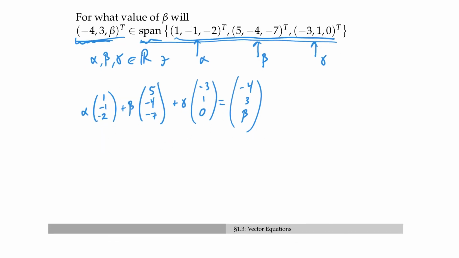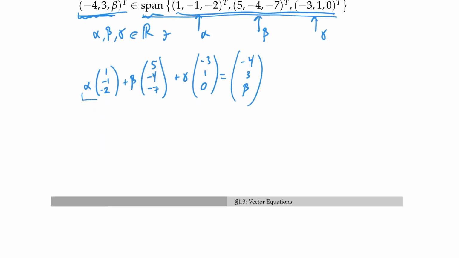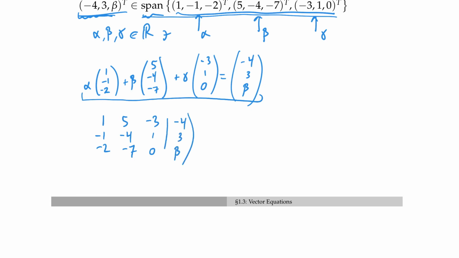Just like I did in that last example, I turn this vector equation into an augmented matrix. So that's [1, -1, -2 | 5, -4, -7 | -3, 1, 0 | -4, 3, beta]. What I must do now is row reduce this. I will do this using magic.